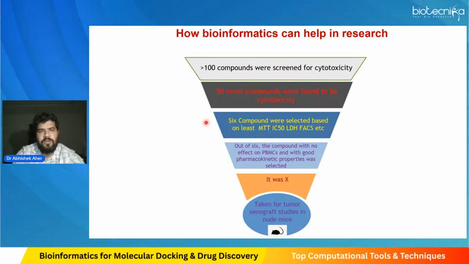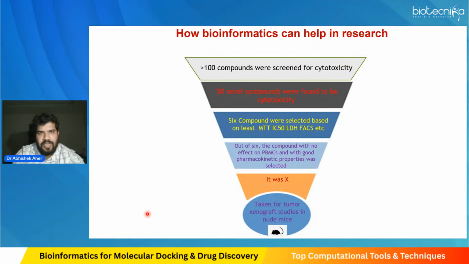For these 50 compounds, we did different assays like MTT, LDH, FACS, and live and dead assays to check their efficacy. We then narrowed it down to 6 compounds based on whether they were effective against primary cells or not, and using pharmacokinetic and pharmacodynamic properties, we found that only this molecule X was the best among them. But this process took us almost two years.